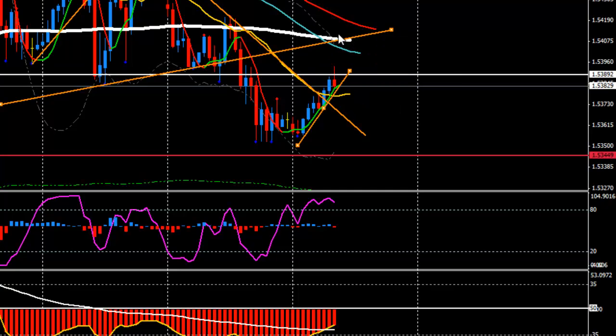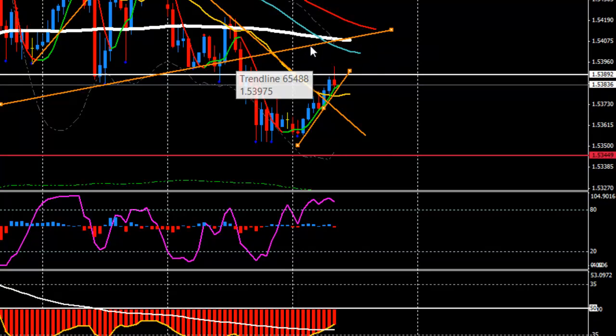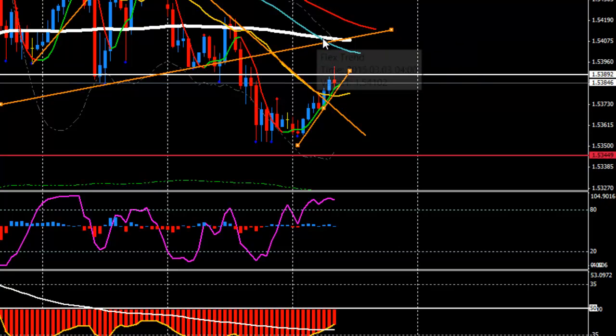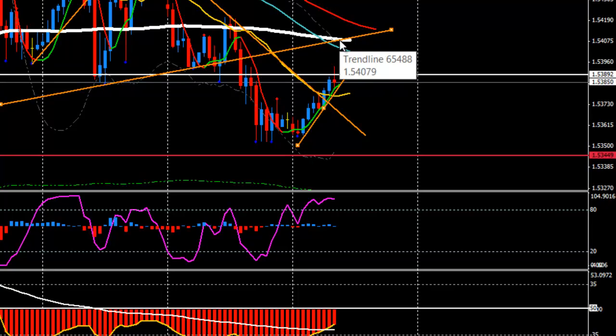Ahead I can see very powerful resistance: number 1 is a Bollinger Band, number 2 is a balance line, number 3 is a trend resistance. So we might have a short opportunity here, a counter trade. Let's see how the market reacts today.